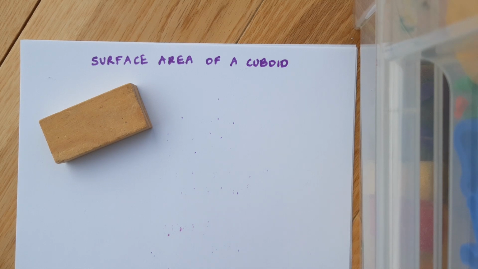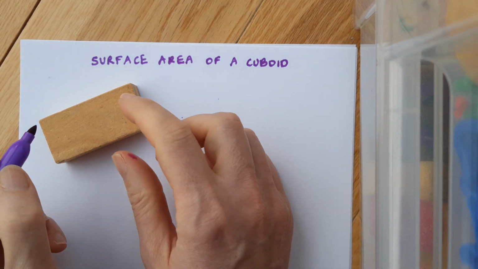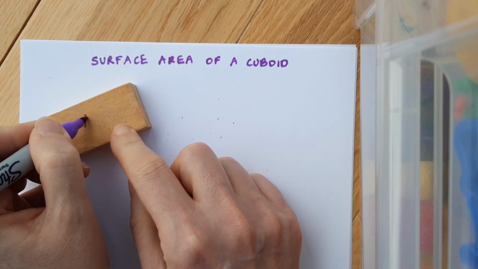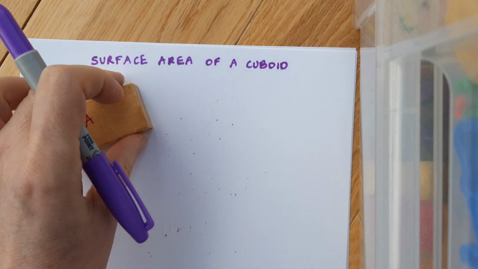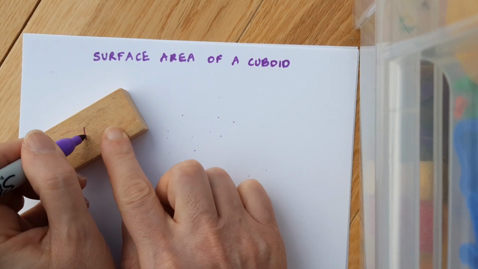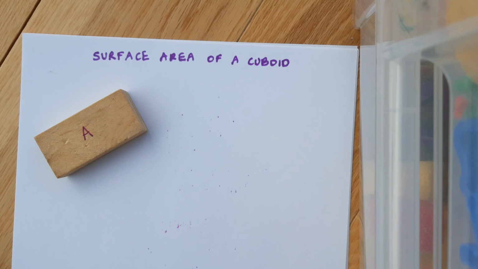Now, I might be able to speed things up a little bit because some of them are actually the same. So for example, if I think about the top of my cuboid, I'm going to call that A. And if there's any other face that's the same area, I'll call it A as well. And actually the top and the bottom of my cuboid match, they're the exact same.